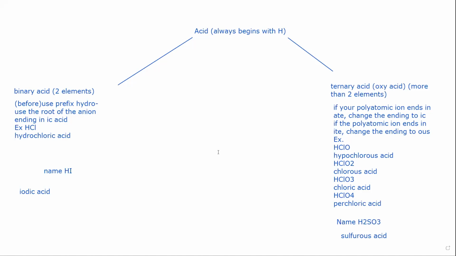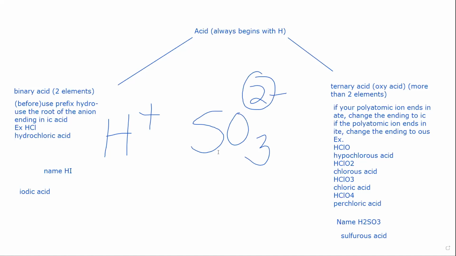All right, so let me show you why that needs to be the way it is. You have hydrogen, right? That is like this, and you have this polyatomic ion that is known as sulfite, which is an SO3 2 negative. This 2 needs to balance with this one because this compound needs to be neutral.